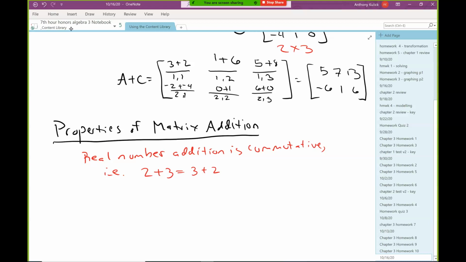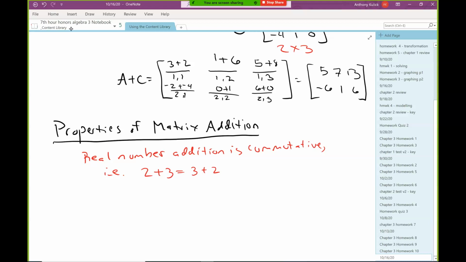Where could there be a problem? Negative numbers aren't going to be a problem for us, just like they're not a problem with real number addition. Let me rephrase. Can I always add two matrices together? No. So that's the issue.